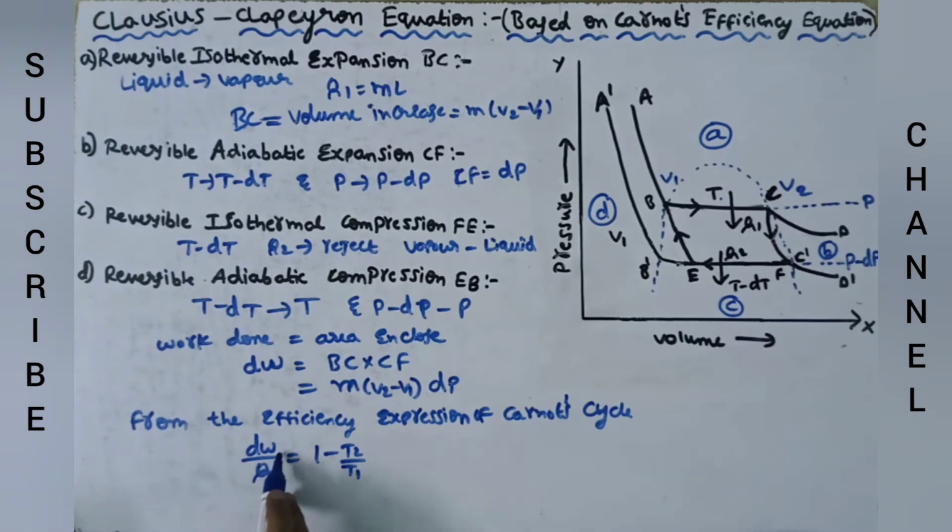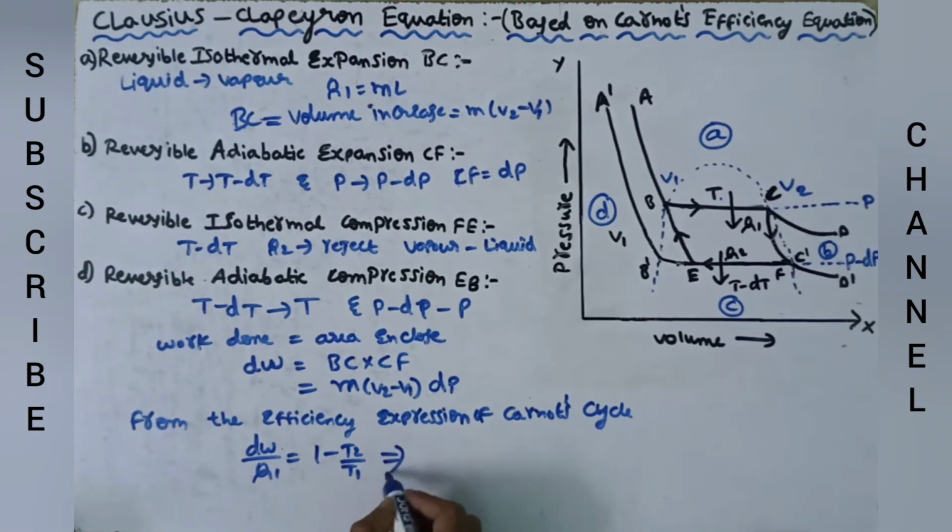Here work done, which means Q1 minus Q2, by heat absorbed is equal to efficiency. We know this: work done with respect to the amount of heat absorbed is equal to the efficiency of the Carnot engine.